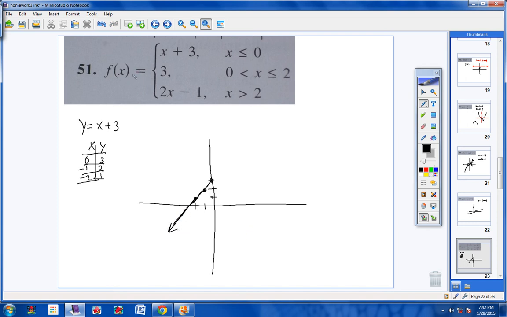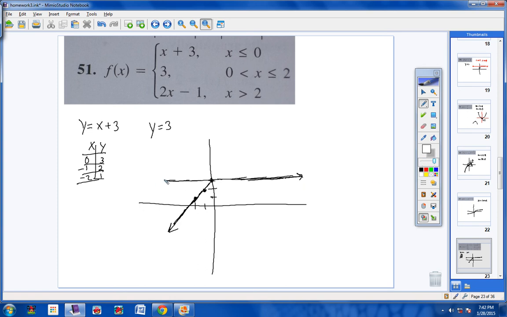Now look at this next one. The next one is y equals 3. Well, students, that's a straight horizontal line going through 3 on the y-axis. But the only problem is we have to cut this line off. And you say, what do you mean, Mr. Hart, cut it off? Well, look, y equals 3 is only defined from 0 to positive 2. So from 0 right here, let me get out my eraser.